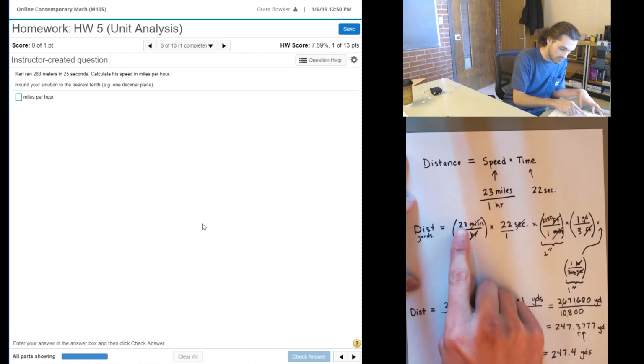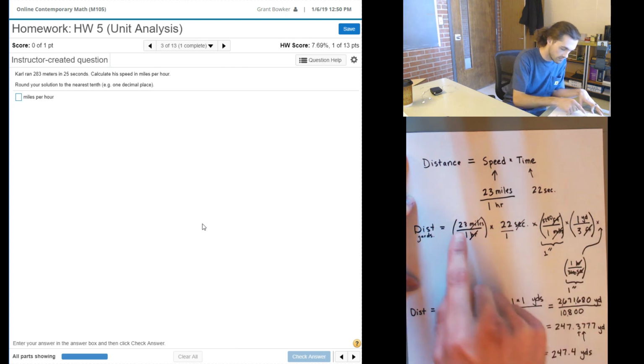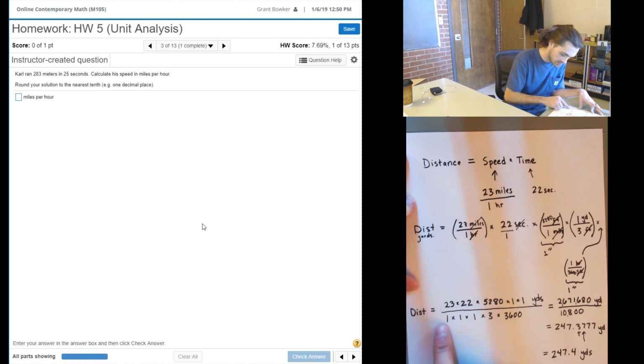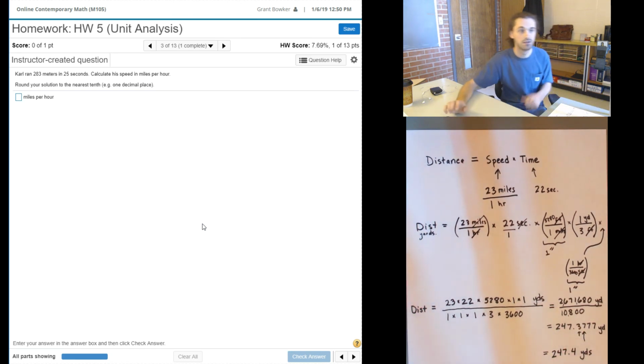Once you have the no good units away and the good units appearing, it's a matter of multiplying straight across for your numerator, multiply straight across for your denominator, crunch the numbers for the numerator, crunch the numbers for the denominator, do the division, and then round. All right, so that takes care of this first homework question.